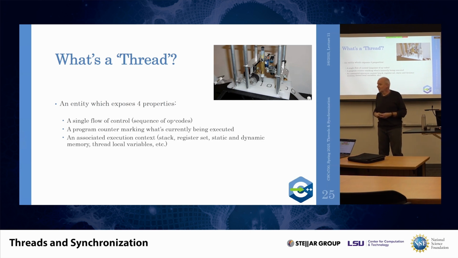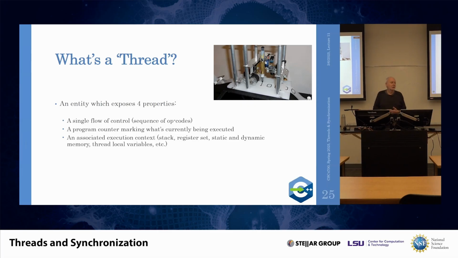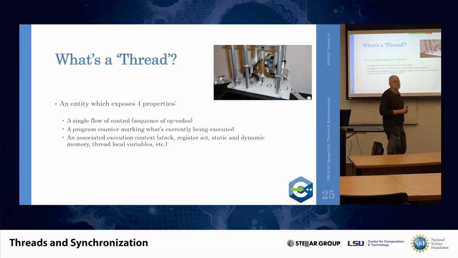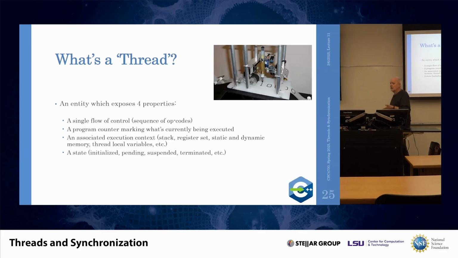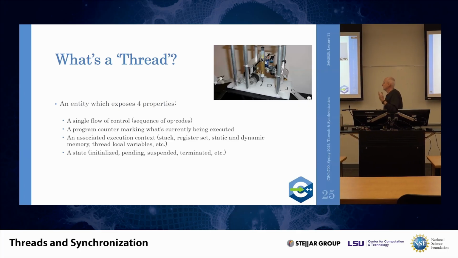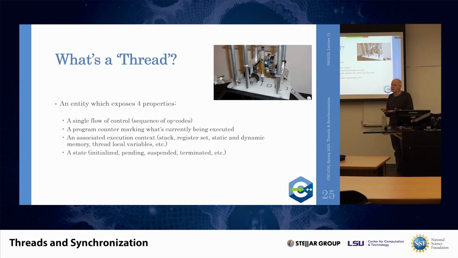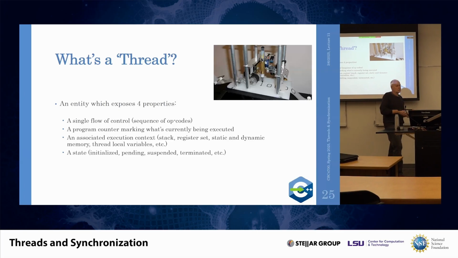As you said, this set of registers, obviously, so the associated execution context. But last but not least, there's one more thing people don't think about, because a thread is also defined by its state. Namely, is it initialized, is it pending, is it running, is it terminated, this kind of thing. So just to understand what state that thread is in. So these 4 properties define what a thread is.